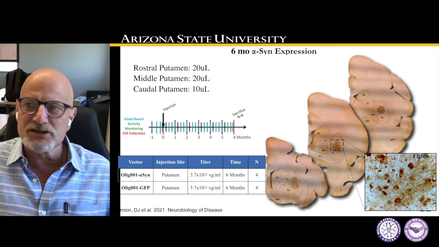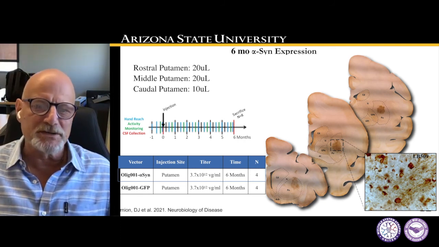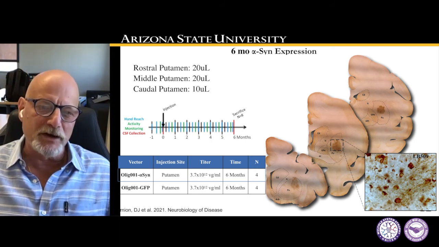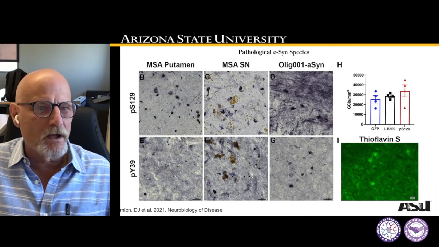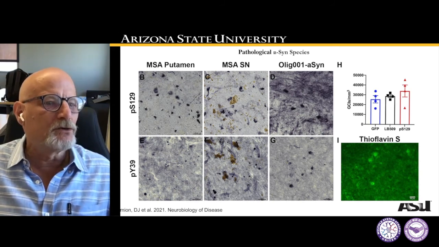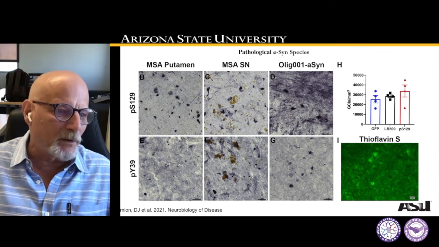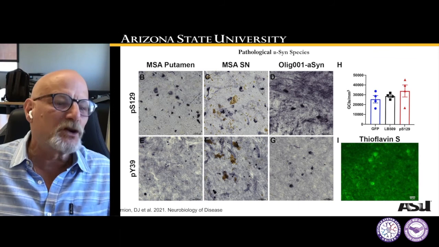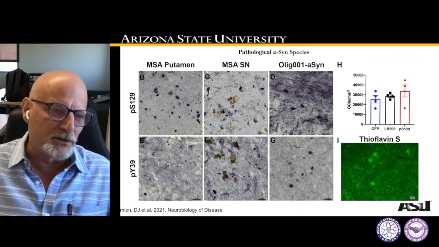So now we went on to other studies looking at 6 months post survival, and you can see here on the histology sections the areas that receive the ALG1 alpha-synuclein injections, and you can see the widespread expression of LB509, but also serine 129 phosphosynuclein is exactly the same thing. Just to show you, in human MSA in the putamen, we see this phosphoserine 129, but we also see phospho-Y39, which is another factor that's involved in MSA degeneration.